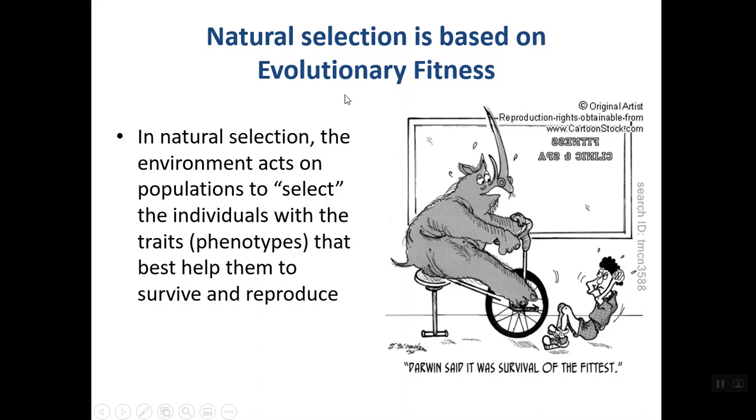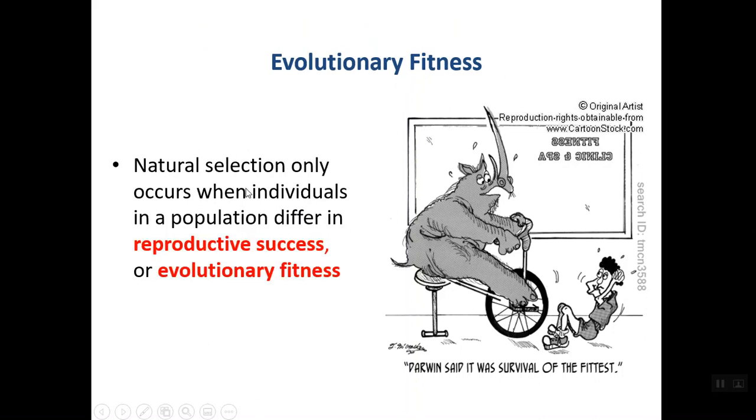And it's based on evolutionary fitness. Natural selection is based on evolutionary fitness in the sense that the individuals that can better survive and reproduce will pass on the traits that are more suitable for that particular environment.